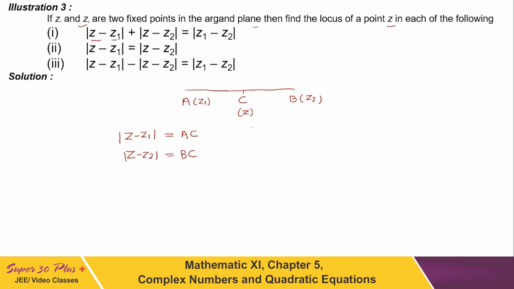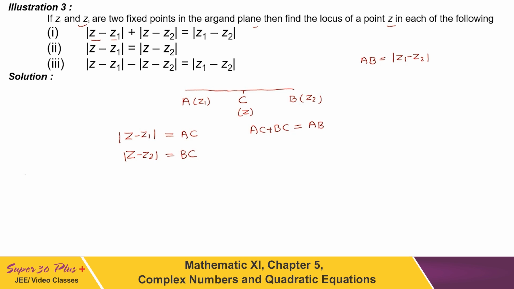Now it is given that AC plus BC is equal to AB, and the value of AB is mod of Z1 minus Z2. Then we can say that this point C lies on the line joining A and B, between A and B also. Then the locus of C is a straight line segment joining A and B.